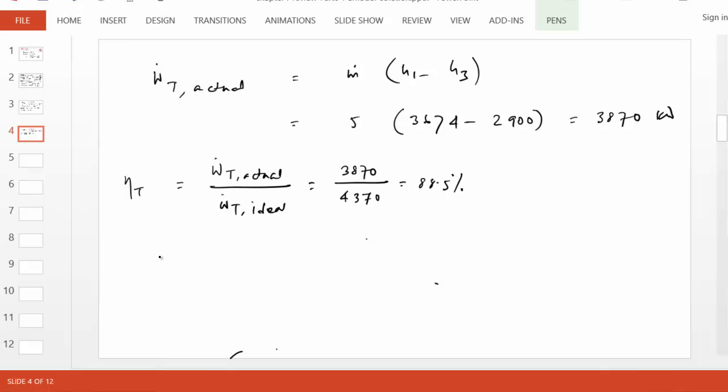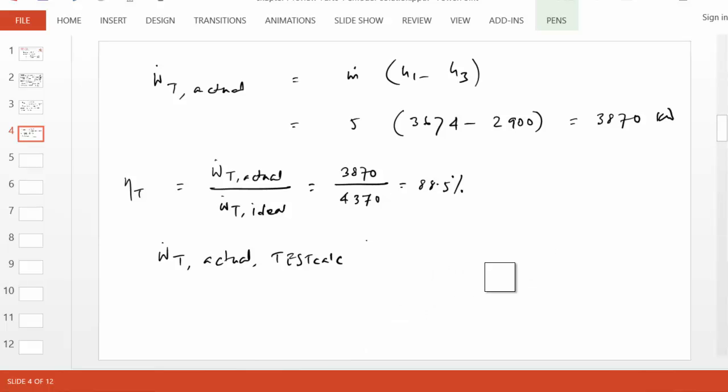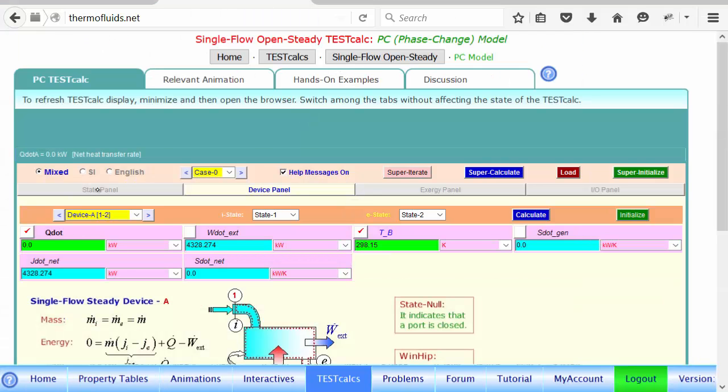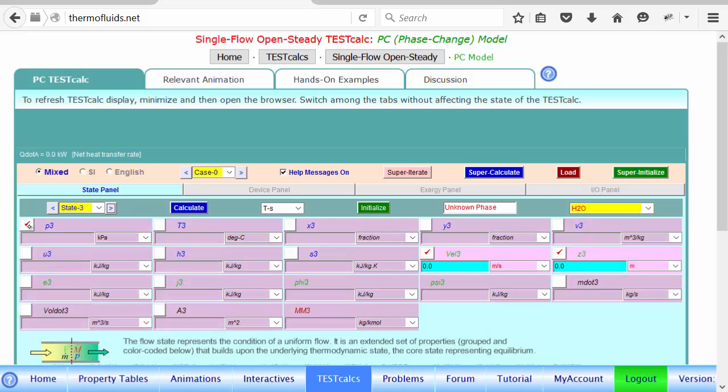So what is our W dot T actual using TEST calc? For that we go back to the TEST calc and calculate state 3. For state 3, the pressure remains the same, P2 and P3 are equal, and temperature is supplied to be 220 degrees Celsius, and of course the mass flow remains the same.